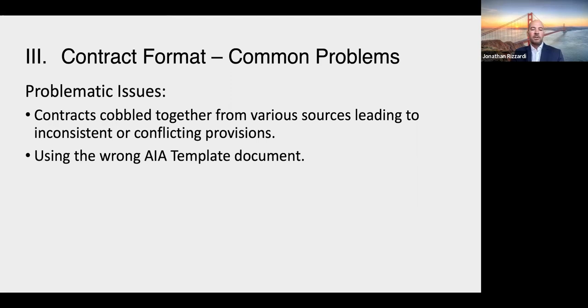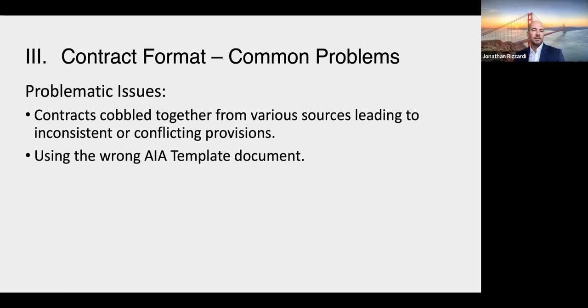Another common one, using the wrong AIA template. I think AIA contracts are great, but one thing I see frequently is using the B101 on a small residential project. I shouldn't say frequently, but I've seen that, and it really doesn't make sense.